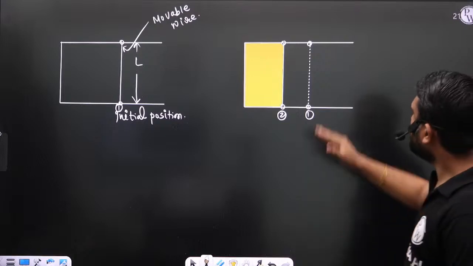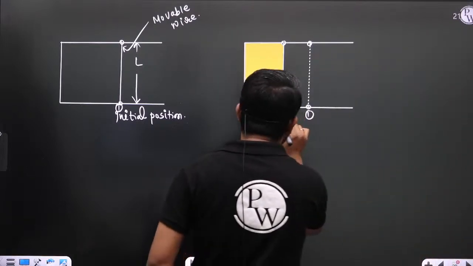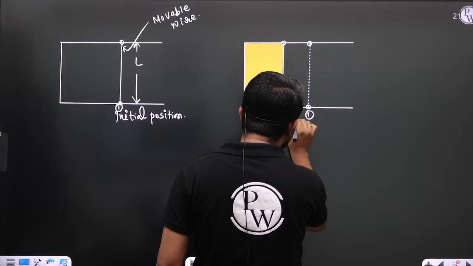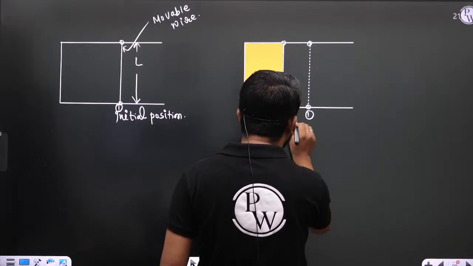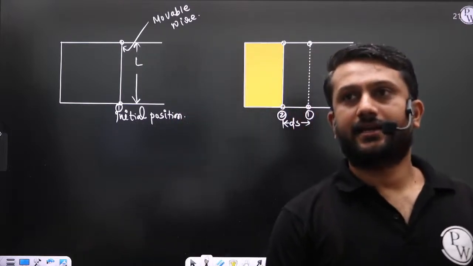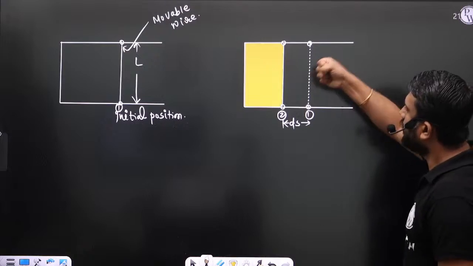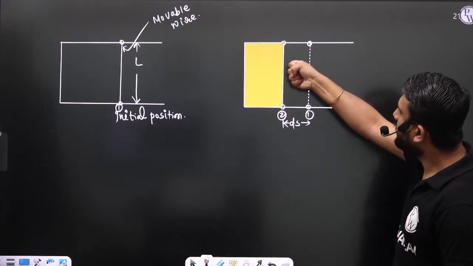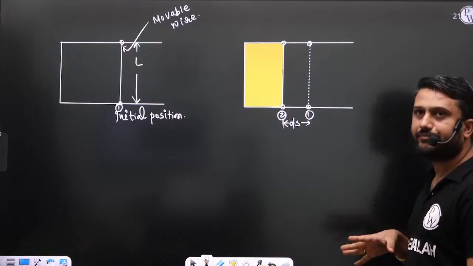So actually this movable wire moves a distance. Let us consider this distance is ds. Now I want to pull this movable wire back to its initial position, that means position number 1.